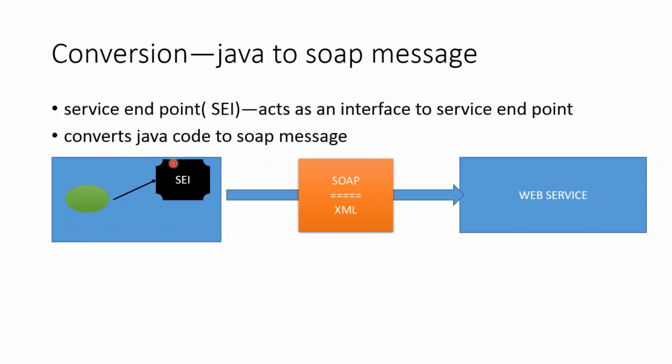I'll show you how to do this. Whenever your application wants to access the web service, it does not access the web service directly. It will access your service endpoint. The service endpoint is responsible for converting the Java code to the SOAP message, and then finally it accesses the web service.